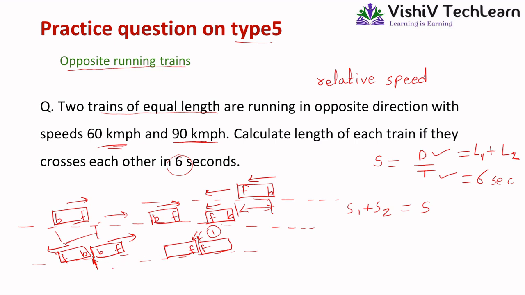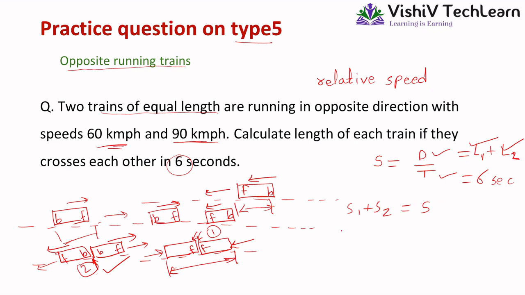So this is position 1 and this is position 2. In position 1 these trains are running in opposite directions. In position 2 also, but they have crossed each other. So the distance covered in this case will be the addition of the lengths of both trains, that is L1 plus L2 that we have written here. So by using this logic, let's solve the problem.